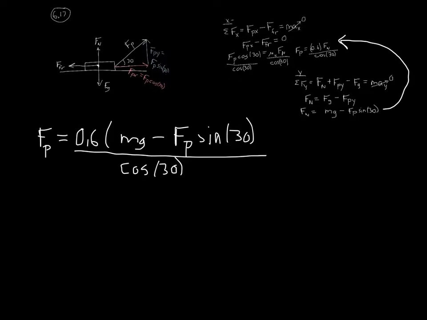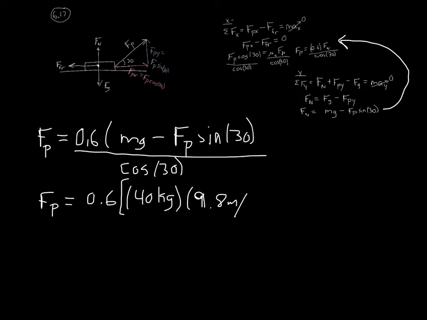Do I know what my mass is? Yes. What's my mass? 40 kilograms. Okay, so now I'm just plugging in all my numbers. What's my g? 9.8, positive or negative? Positive.